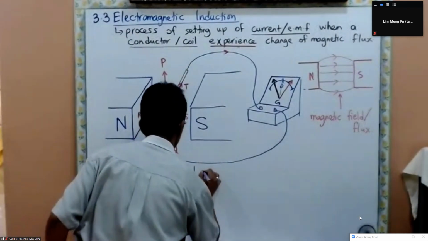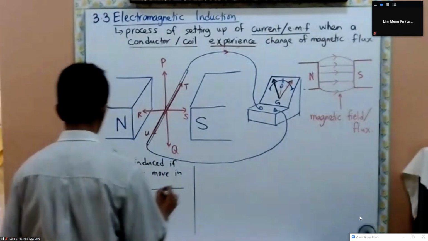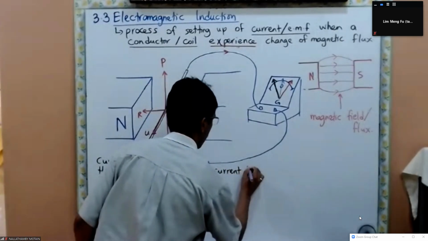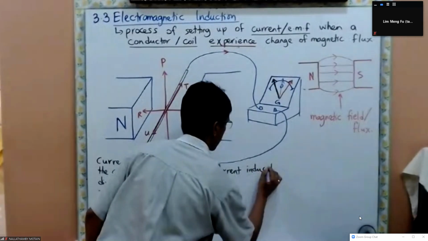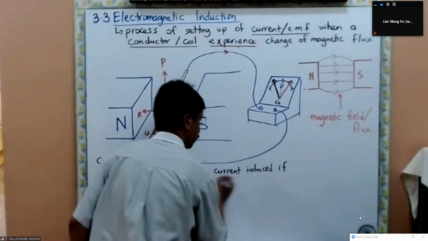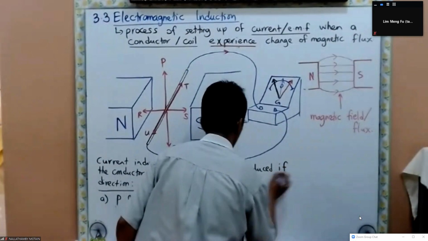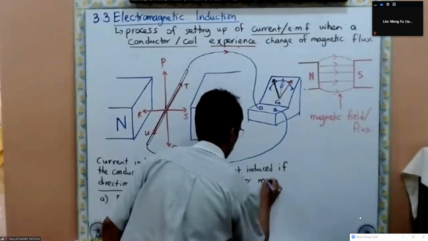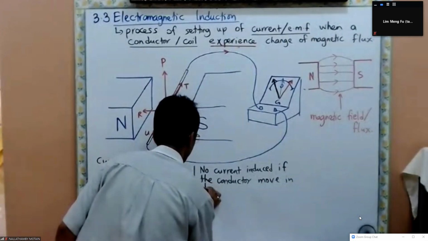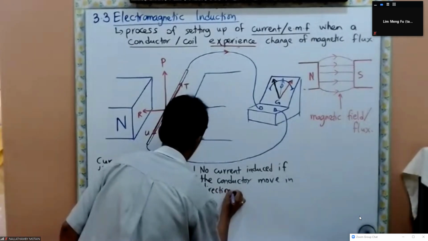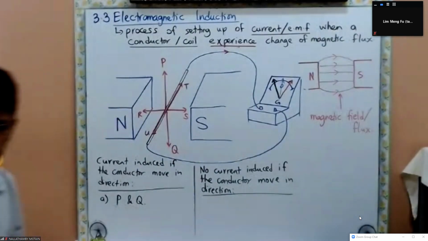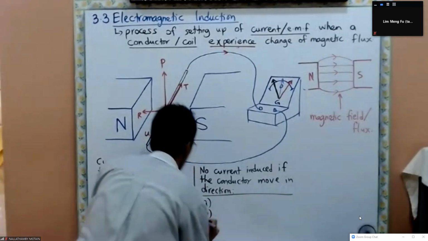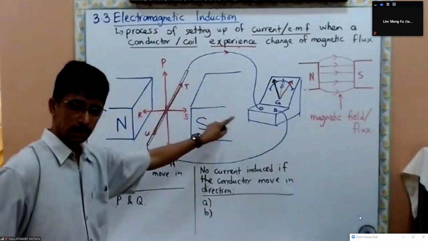Okay, next one: no current is induced if the conductor moves in direction R and S, which means parallel.